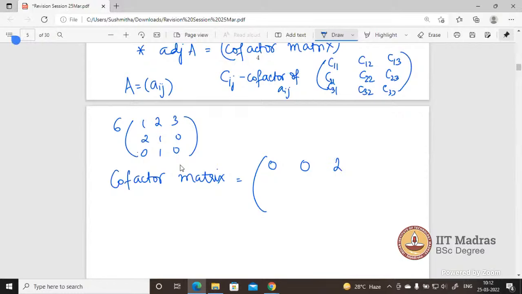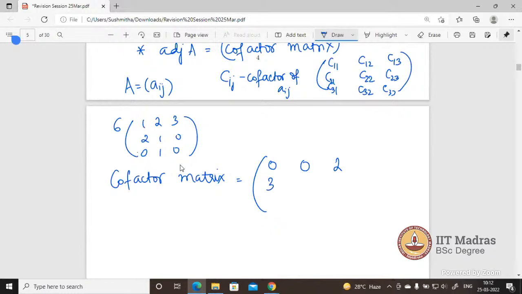And then, what about this entry? 3. Yes, it's minus 3, but then I have to multiply it with a minus 1, so it's 3, right? Yeah.